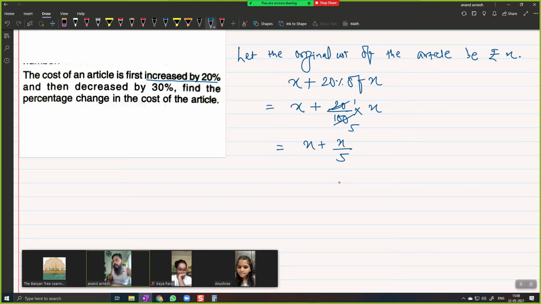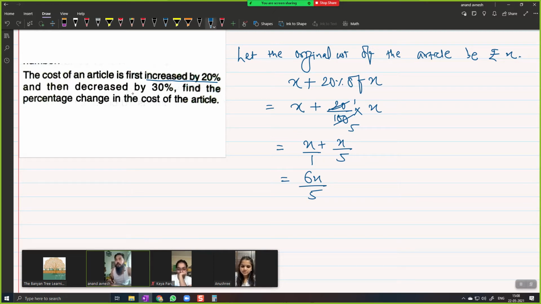So x plus x by 5. Now take the LCM: 6x by 5. So this is the new cost after increasing the cost by 20%.